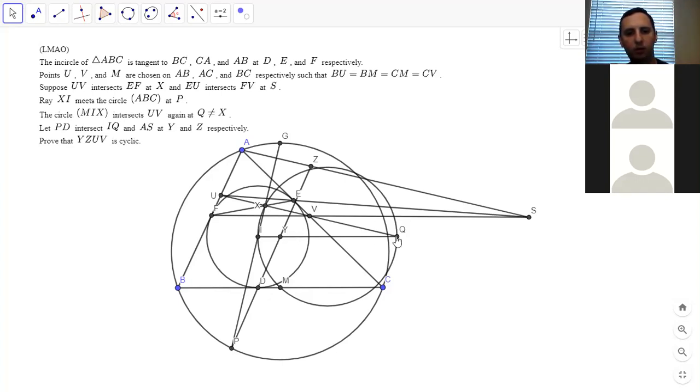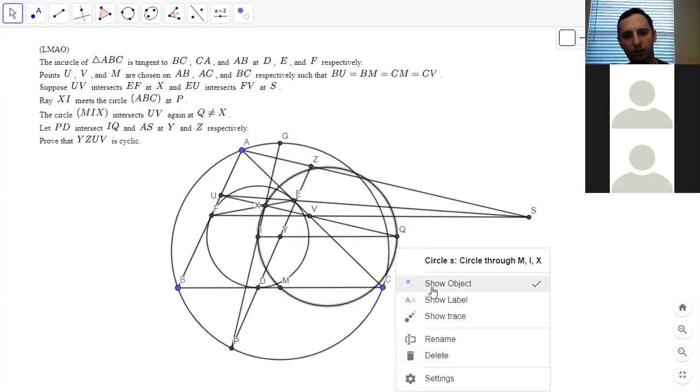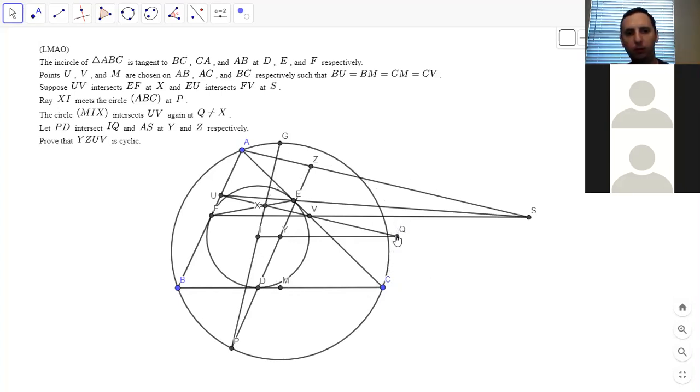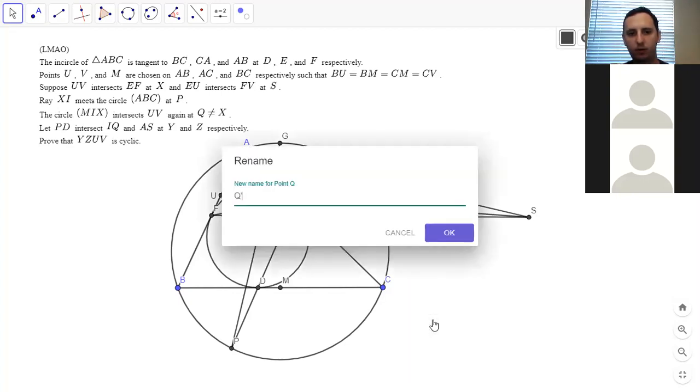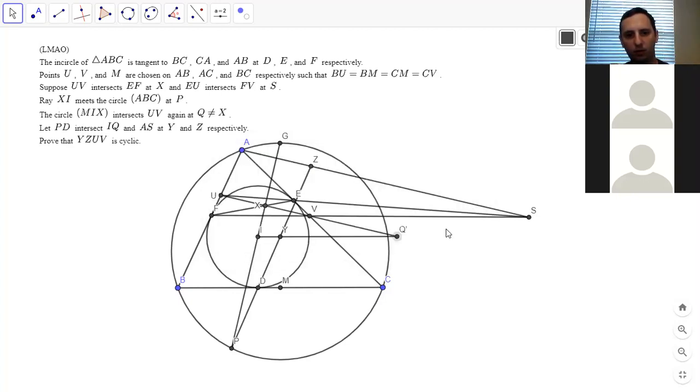I, M, Q, X. So we take Q as the intersection of the line from I parallel to BC and UV. I can define this as Q prime.